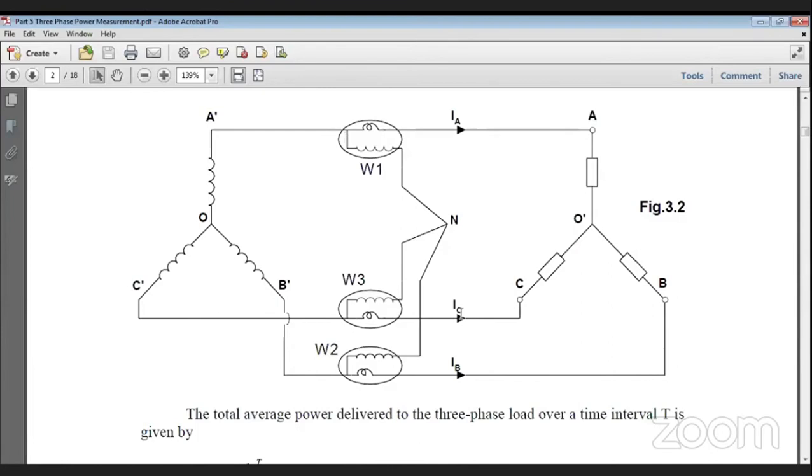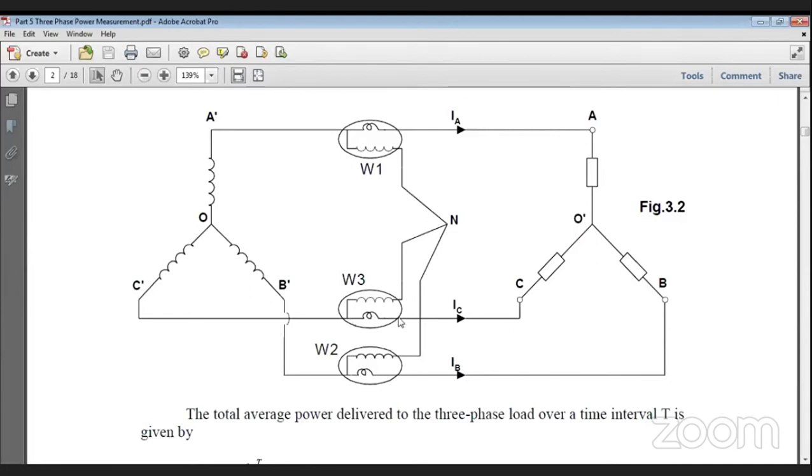Its potential coil is just connected across its current coil. Because please remember, this N is now connected to line C. What is the potential across the potential coil? That is the potential across the current coil, and that is theoretically 0. Even in practice, it is extremely small.